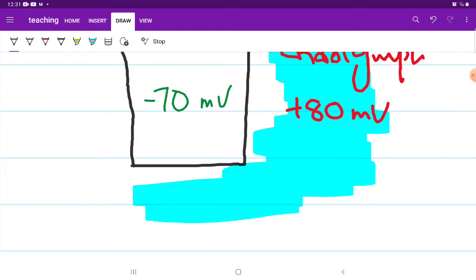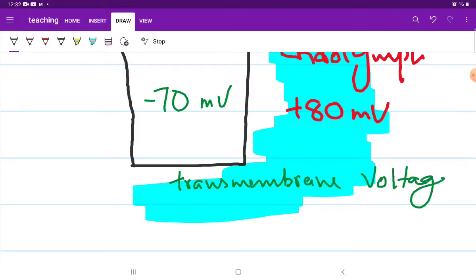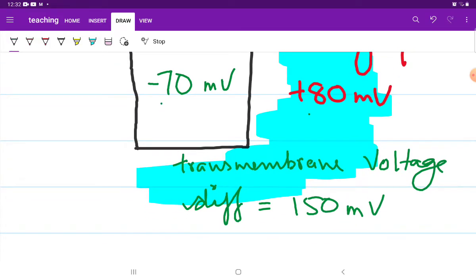So in this particular case, the transmembrane voltage difference will be 150 millivolt, because from -70 you have to go to 0, then to +80.